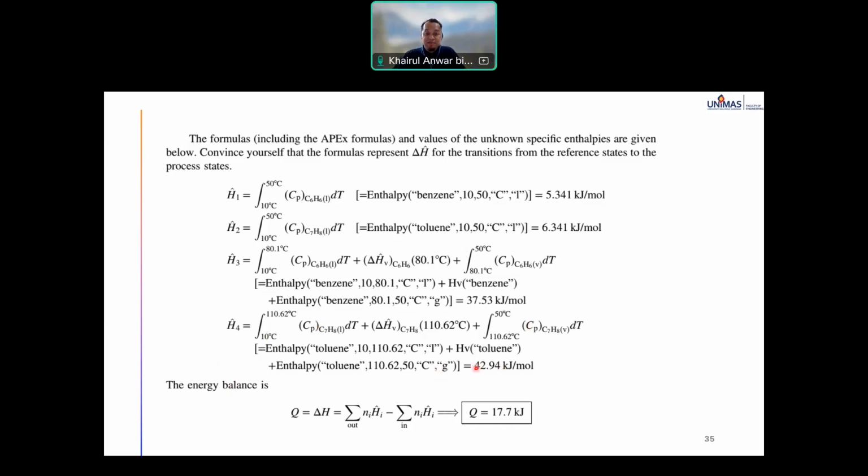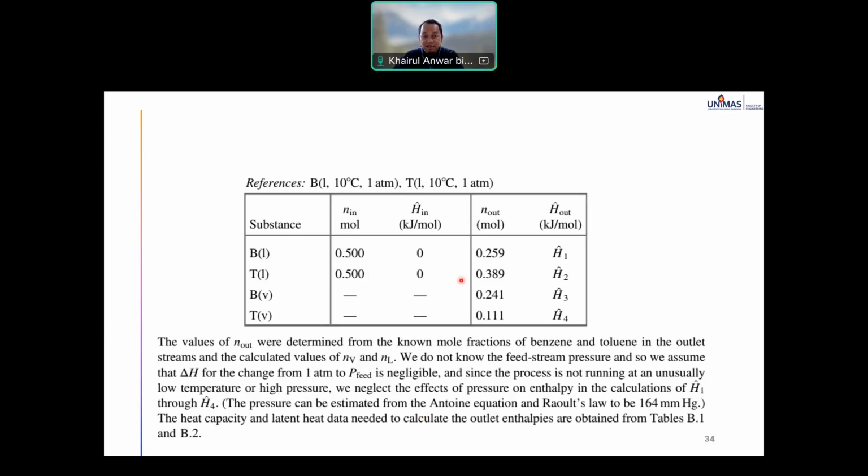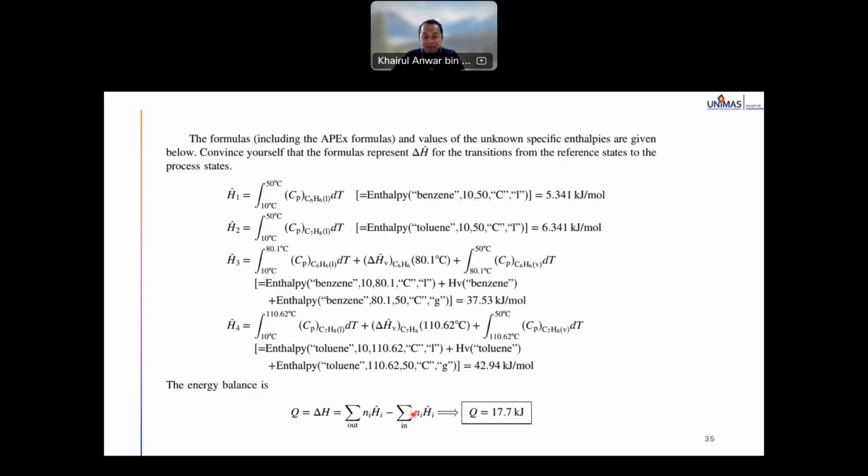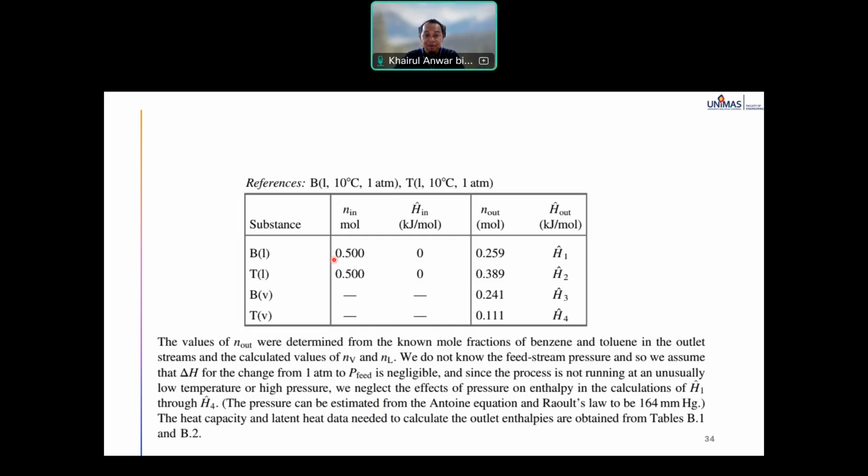Then once you obtain all, just put it in this equation. So n here refers back to this table. In this case, H in is 0, so the summation of this equals Q. Don't forget to multiply by the moles.